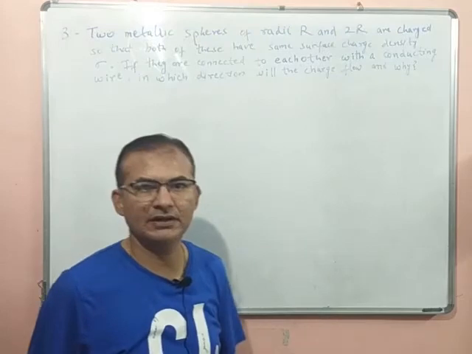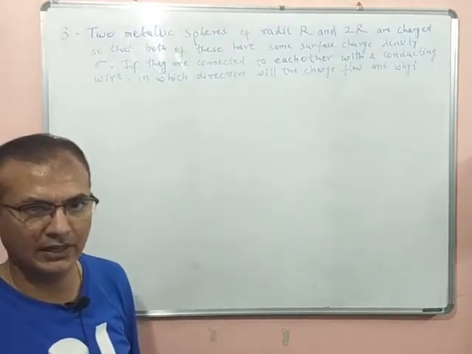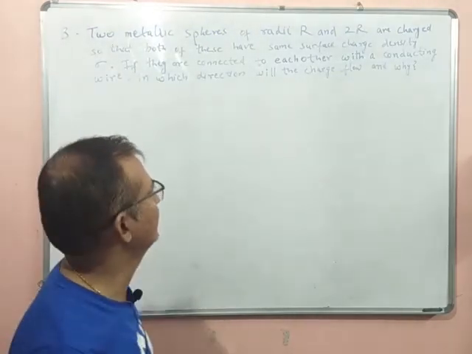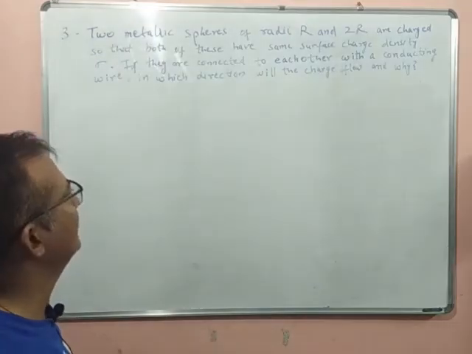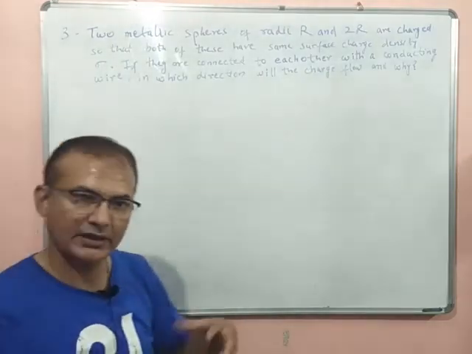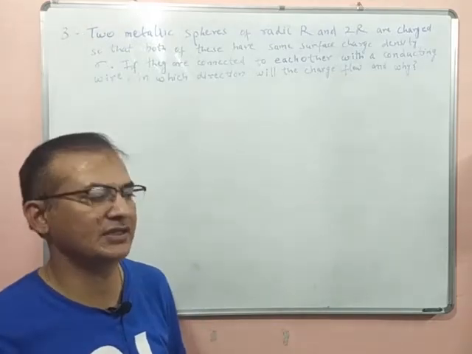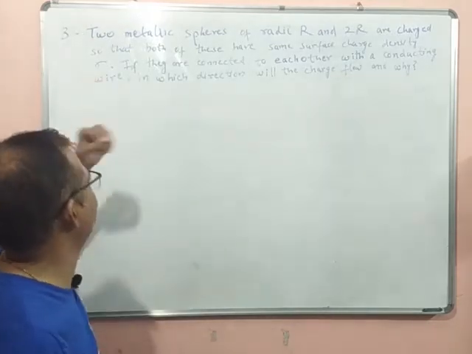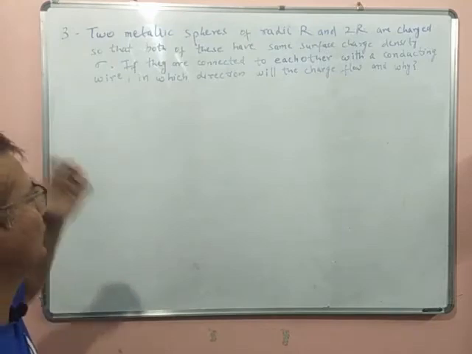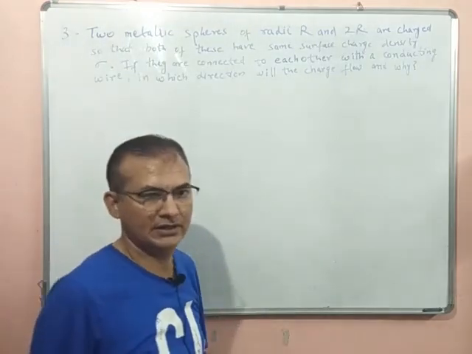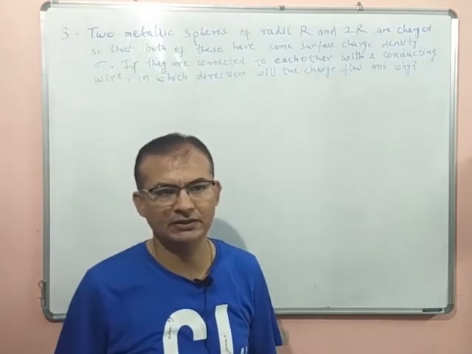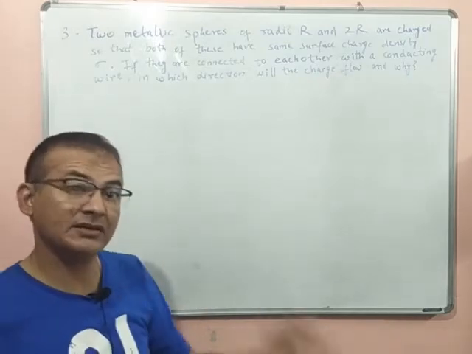A smaller sphere has a radius of r and the bigger sphere has a radius of 2r, and they are charged in such a manner that both of them have the same surface charge density sigma. So what if they are now connected with a conducting wire, what will be the direction of the flow of charge, and why does this charge flow?